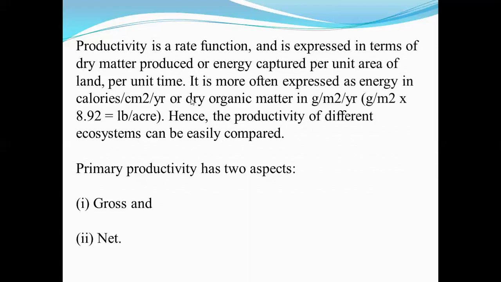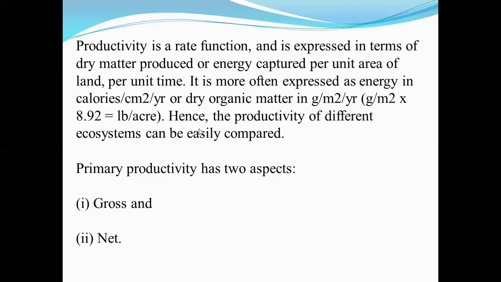So it is often expressed as energy in calories per centimeter square per year, or dry organic matter in grams per meter square per year. Hence, the productivity of different ecosystems can be easily compared. You can compare the productivity of a desert with a grassland, or a grassland with a forest, or a forest with an ocean or lake.